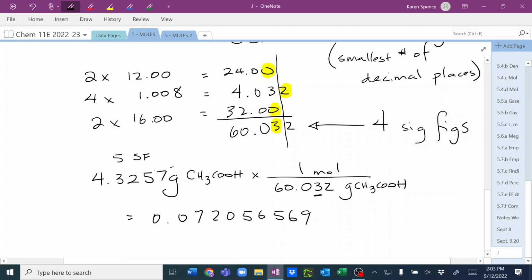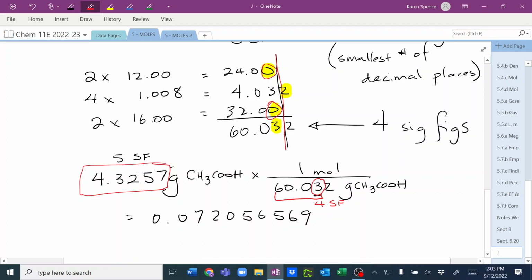Now, this number here has 5 sig figs, but because my first uncertain decimal place is in the hundreds position, that means that this number here has only 4 sig figs.